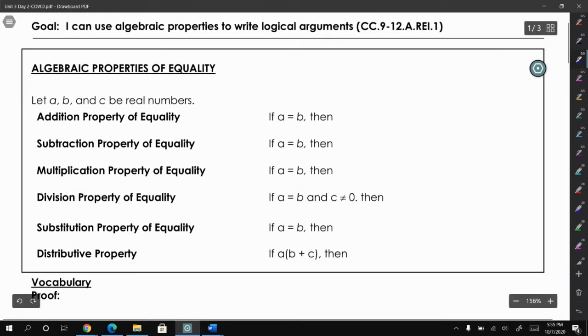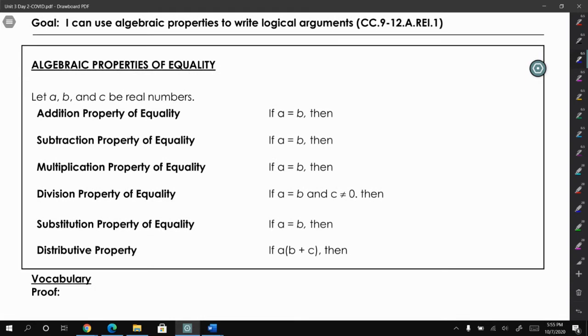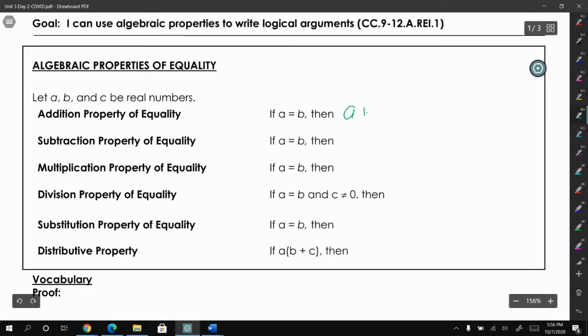This is something that you're going to want to have handy so that you can refer back to it when you're working on stuff. So the first one is called the addition property of equality. If we have A equals B, so two sides of the equation are equal, and we add C to both sides, the equation is still equal.